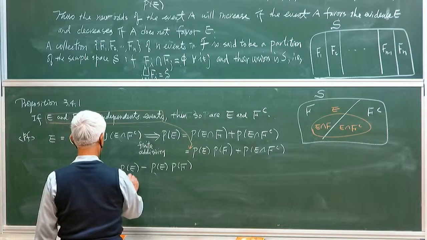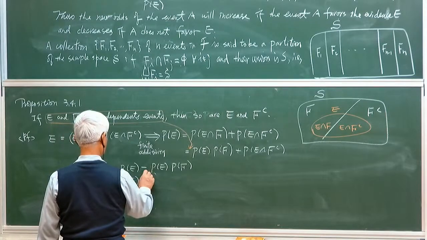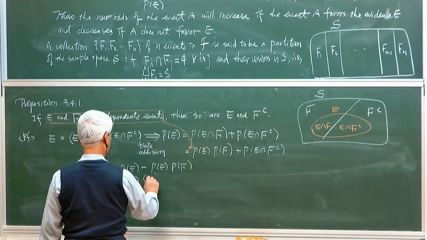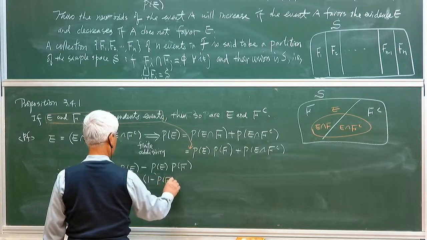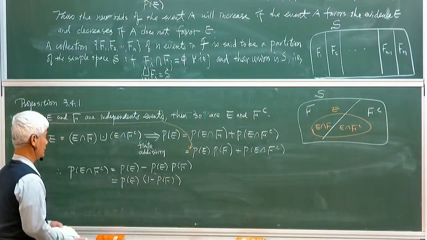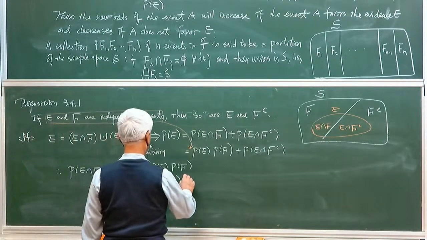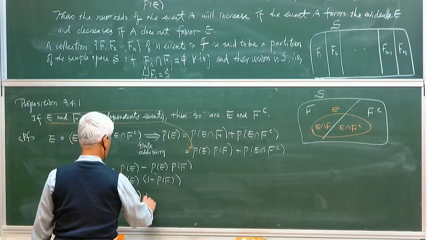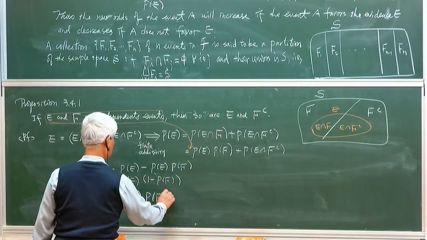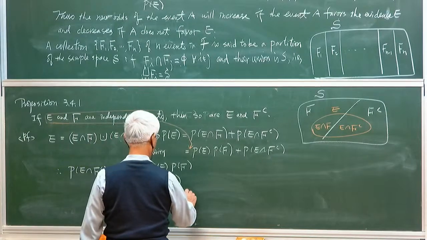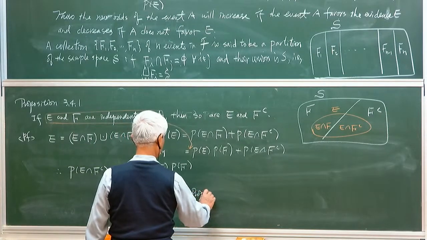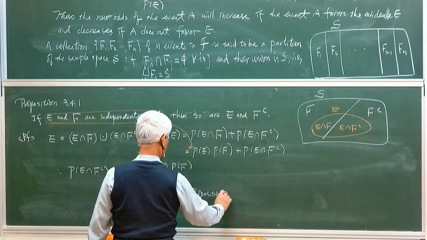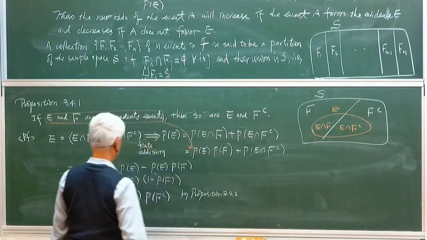Now we have a common factor P of E and the 1 minus P of F. But 1 minus P of F is the probability of F complement. So this is by proposition 2.4.2, I think, right?